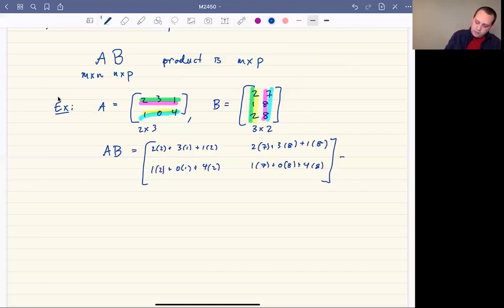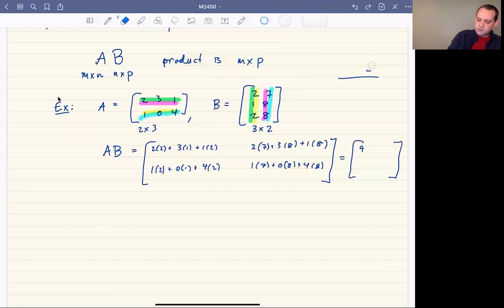And then all together, we're going to end up with a product. Help me out here with the algebra. 4 plus 3 plus 2 is 9. 14 plus 32. Nobody saw this. 14 plus 32 is 46.